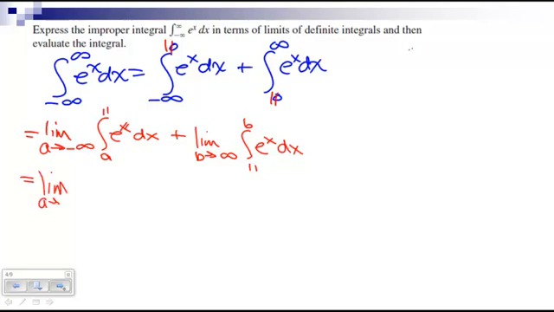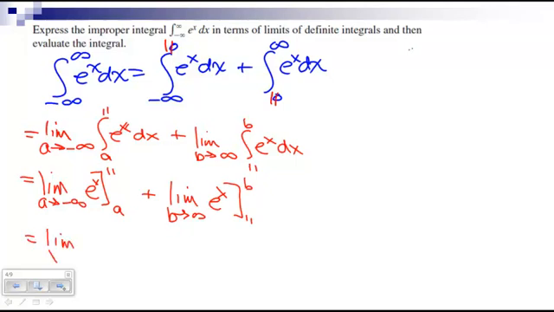What is the antiderivative of e to the x? E to the x, evaluated from a to 11, plus the limit as b approaches infinity of e to the x evaluated from 11 to b. So now we're getting close to the end.